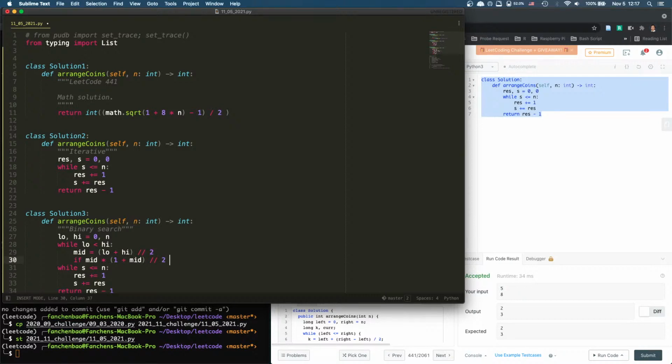If this one is smaller than n, right? We're gonna say current of this is smaller than n. Then what? If it's too small, so the low can move higher. So low equals mid plus 1.